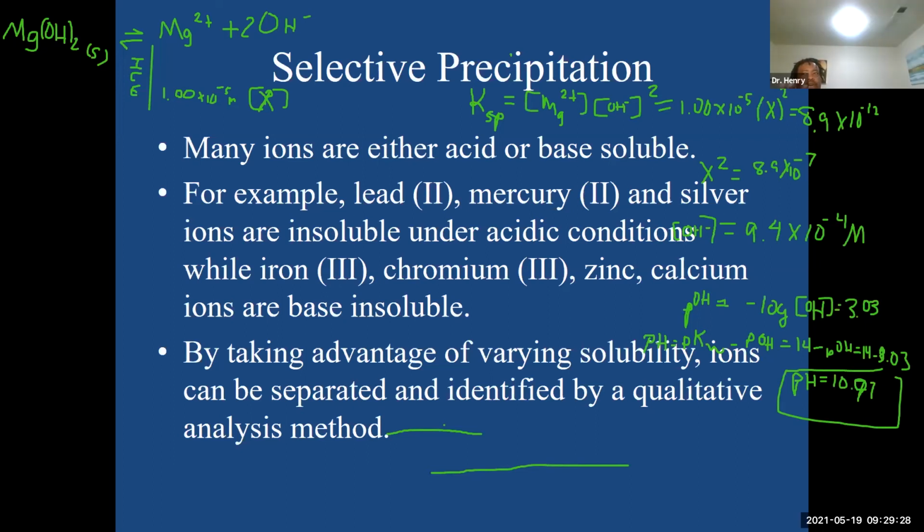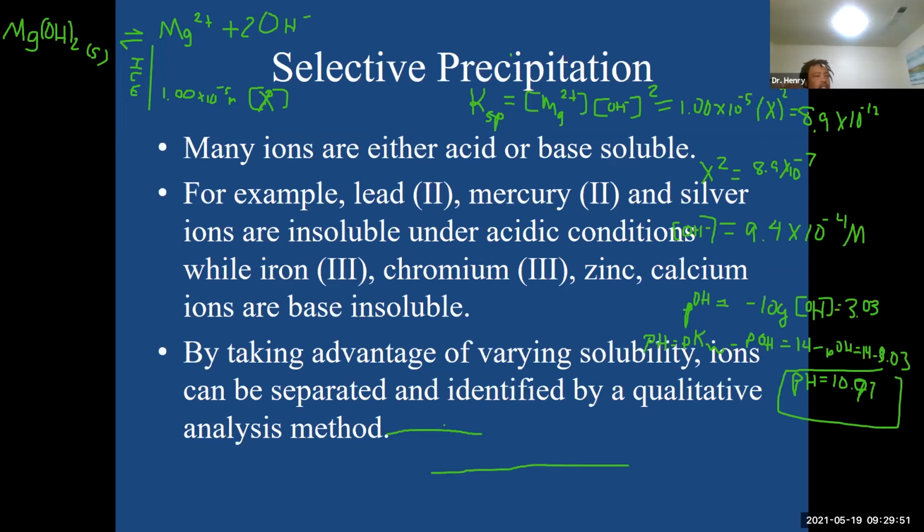So do you guys remember the activity series? If you remember, there are ones that are soluble in an acid solution, or soluble in a basic solution, right? And sometimes they're not soluble in water.